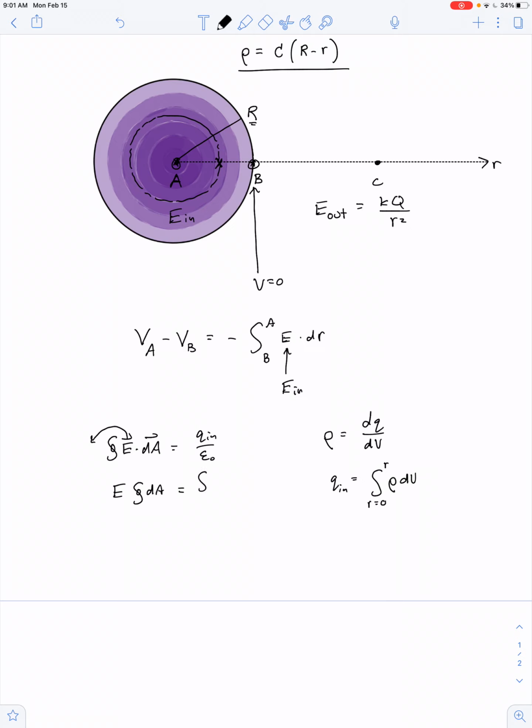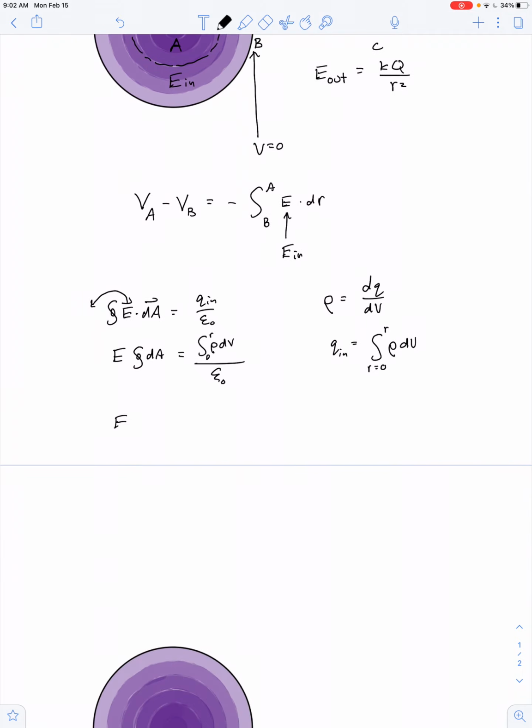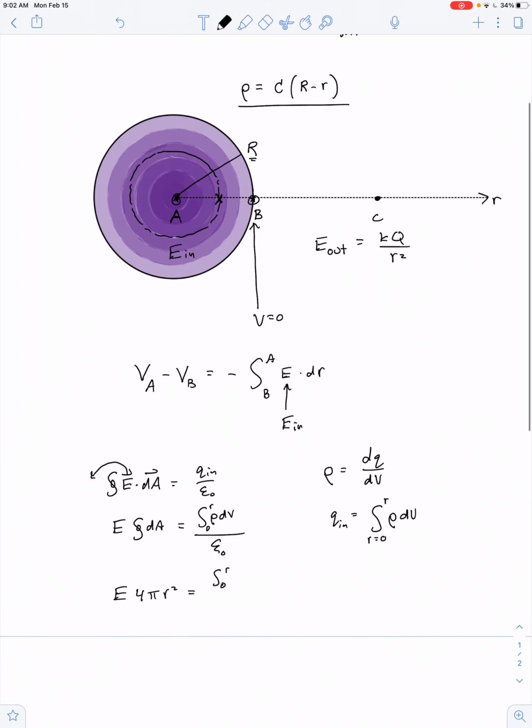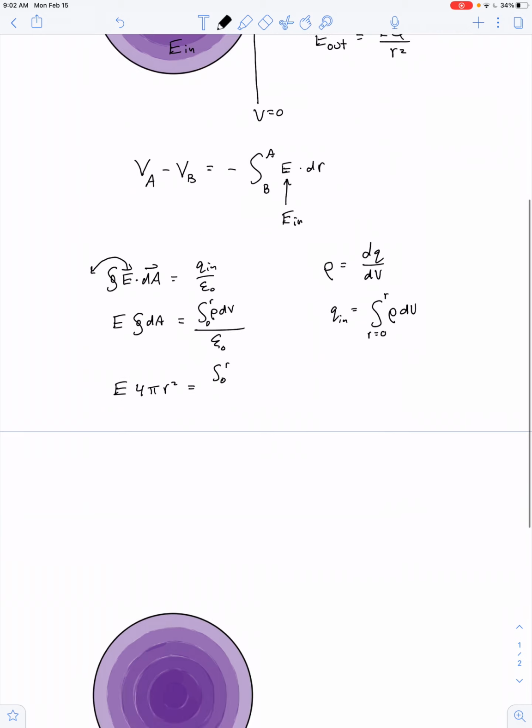This is the integral of rho dV from 0 to lowercase r, all of that over epsilon naught. So E times 4 pi r squared is equal to the integral from 0 to r of, take our given expression for rho.